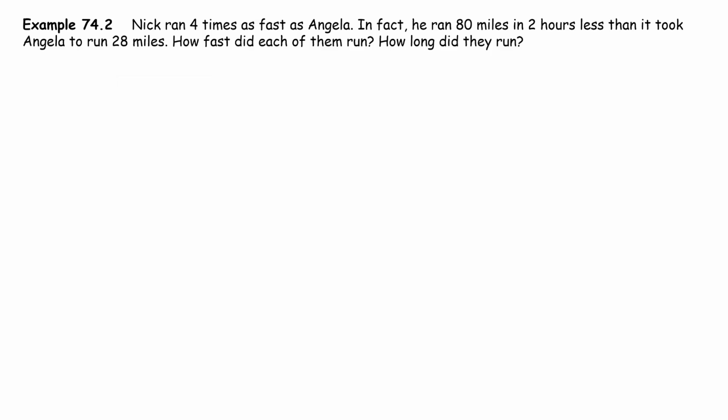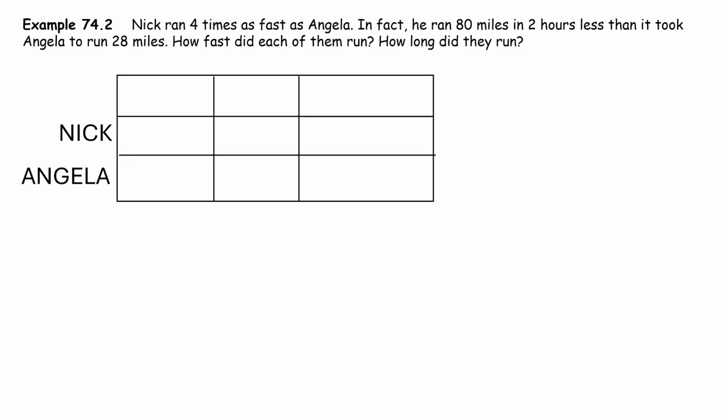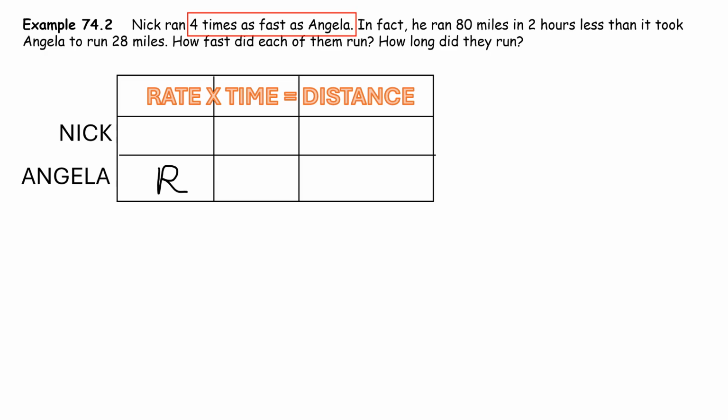So we're going to set up our chart with Nick and Angela, and rate times time equals distance. First thing they tell us is that Nick ran 4 times as fast as Angela. So if we call Angela's rate R, then Nick's rate will be 4 times R. And then now we're going to look at their distances.